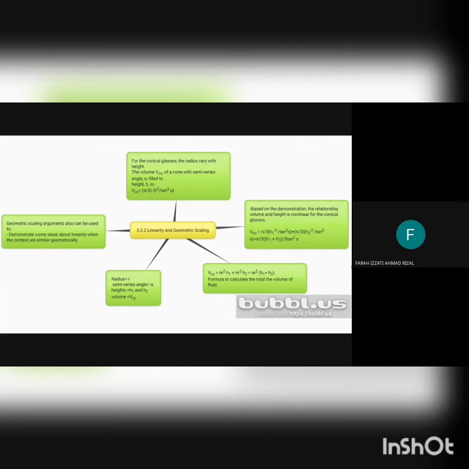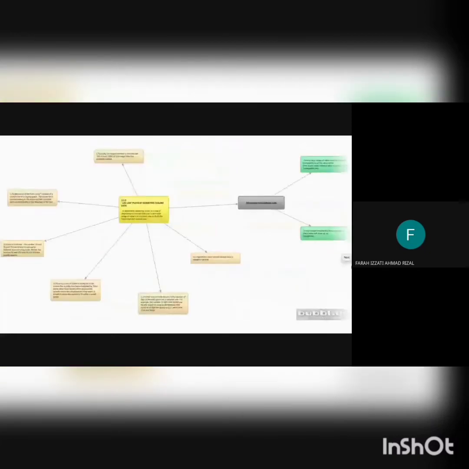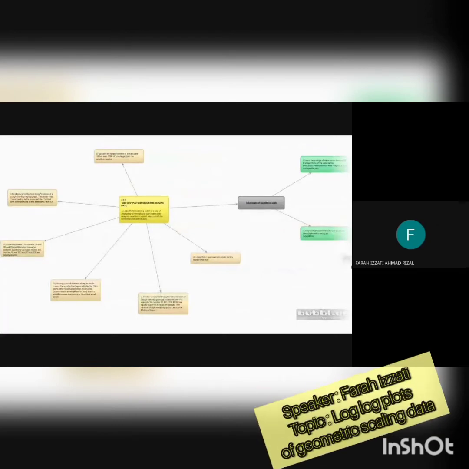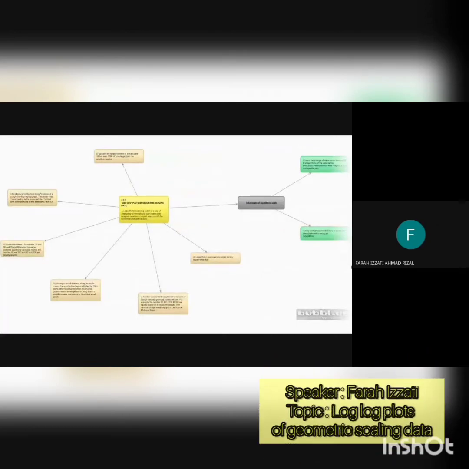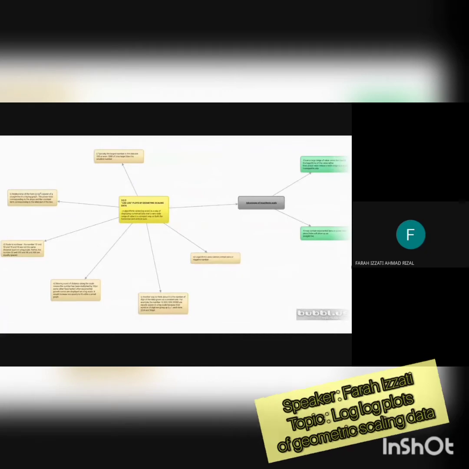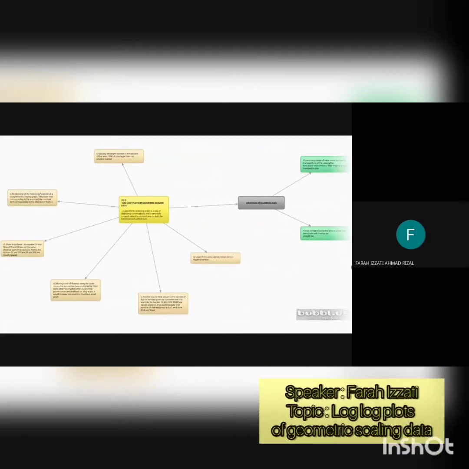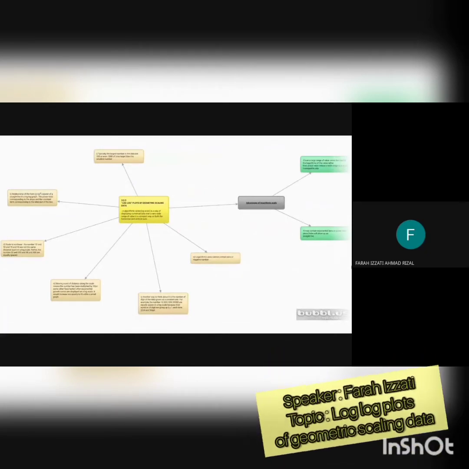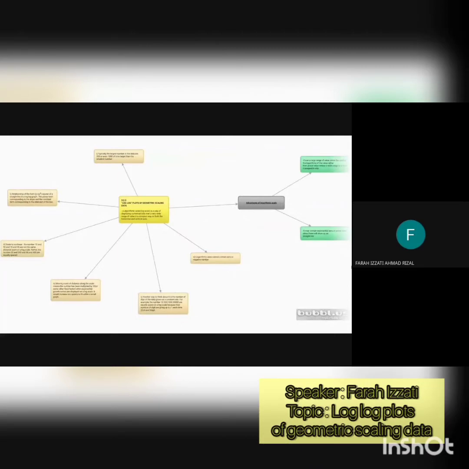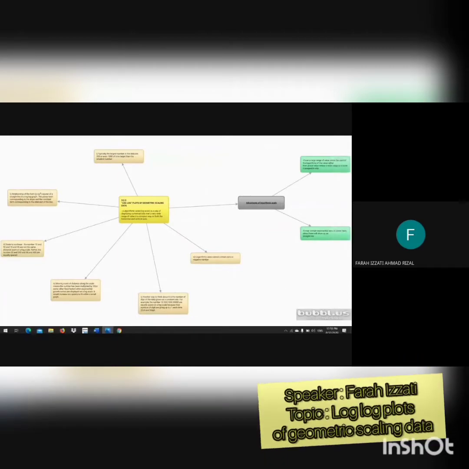Okay, second, about subtopic 3.2.3, log plots of geometric scaling data. When we use a logarithmic scale, there is an advantage.